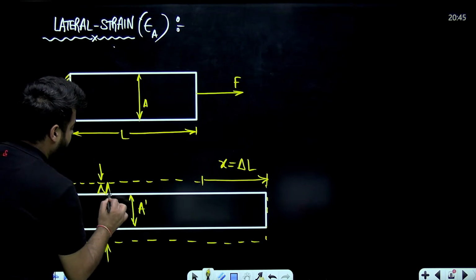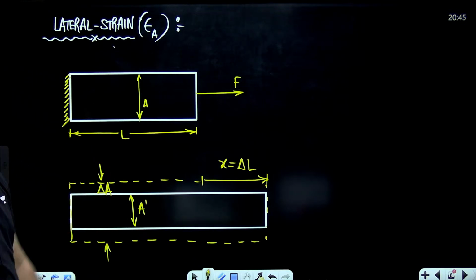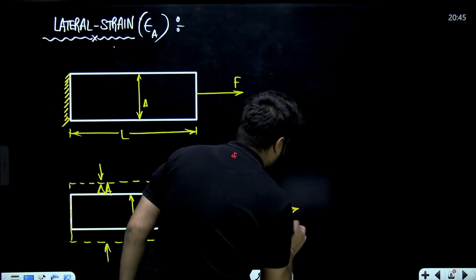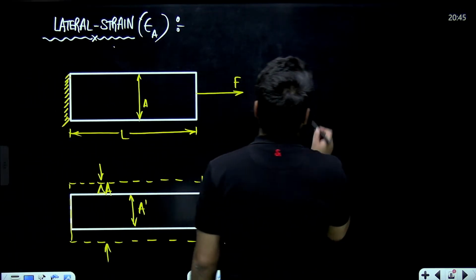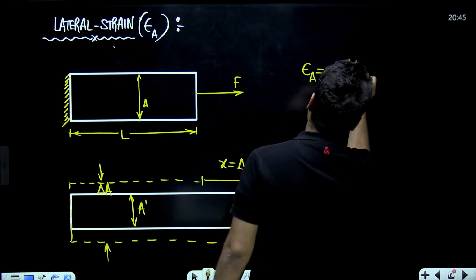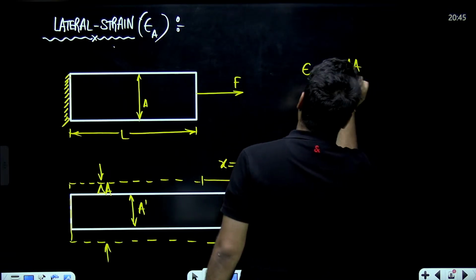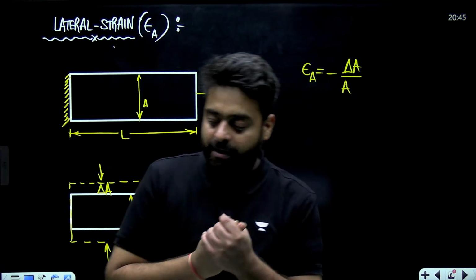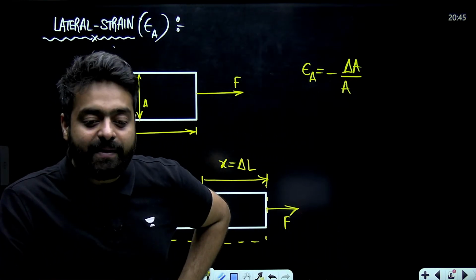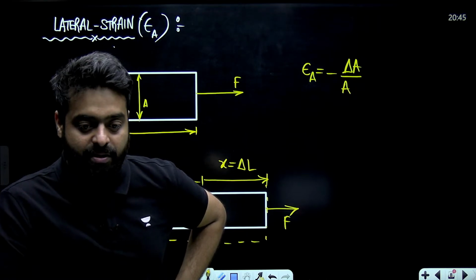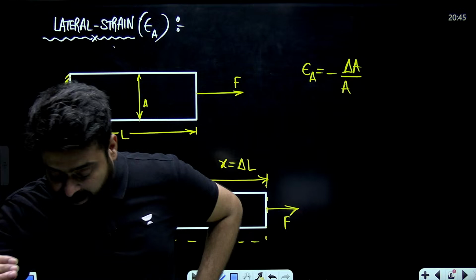So there is a delta A in the cross section area. From this part, the concept of lateral strain is produced. That is the change in the area, delta A by A. The force is not applied in that direction, so the area should not change. But yes, still the area changes.